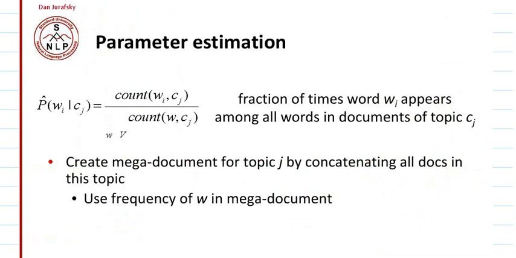So this parameter estimation is actually, again what I repeated just now, the p of wi given cj is the fraction of times word wi appears among all the words present in the documents of topic cj, right? So we calculate the probability within the class cj, right?